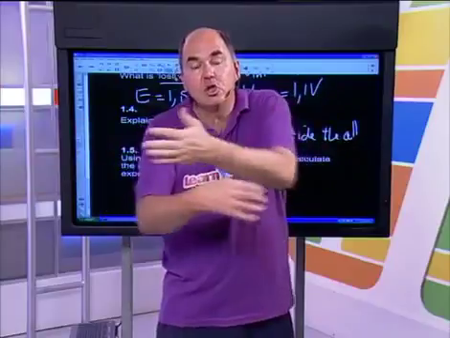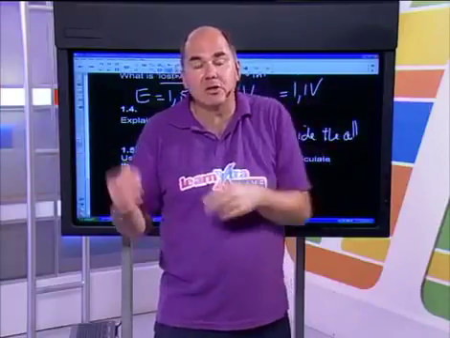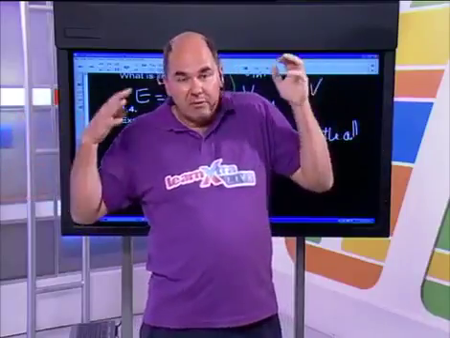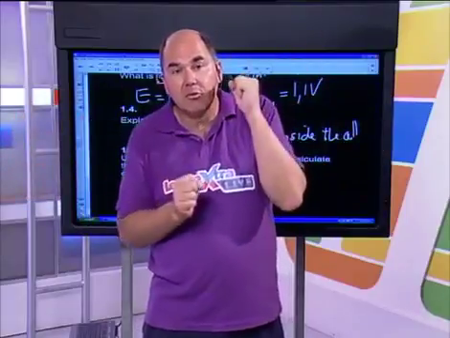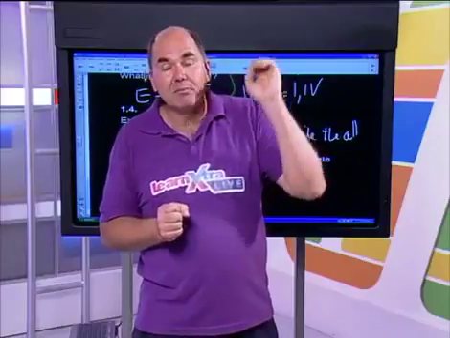So there's this two-way flow. Positives move one way around the circuit, negatives move the other, and we've got to decide which way is current. We've decided to define it as positive.